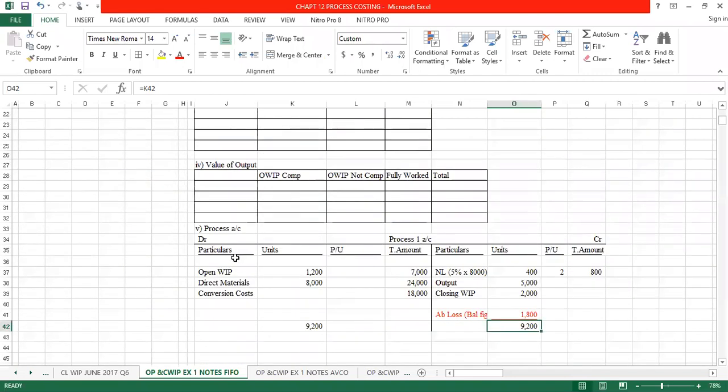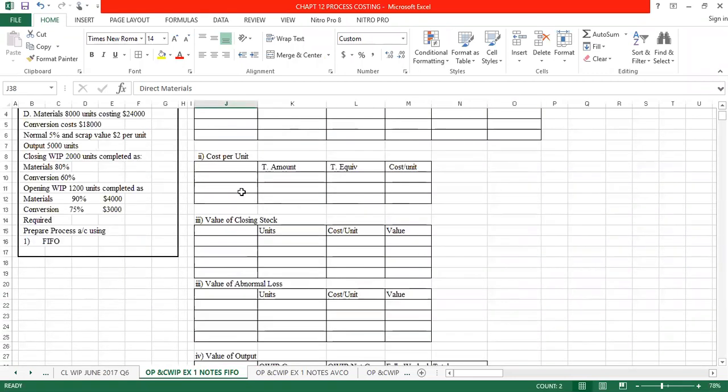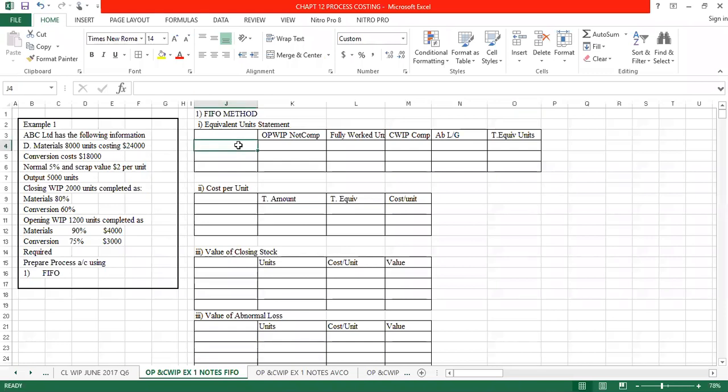Note that here we have direct materials and conversion. So we have materials and conversion.